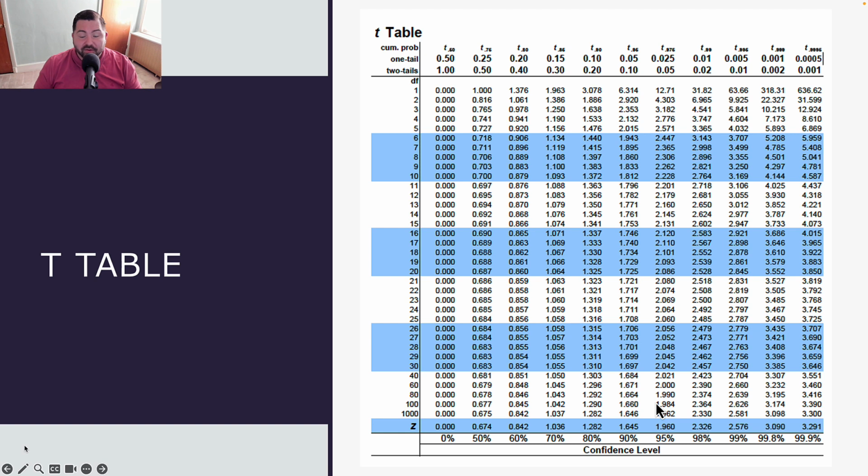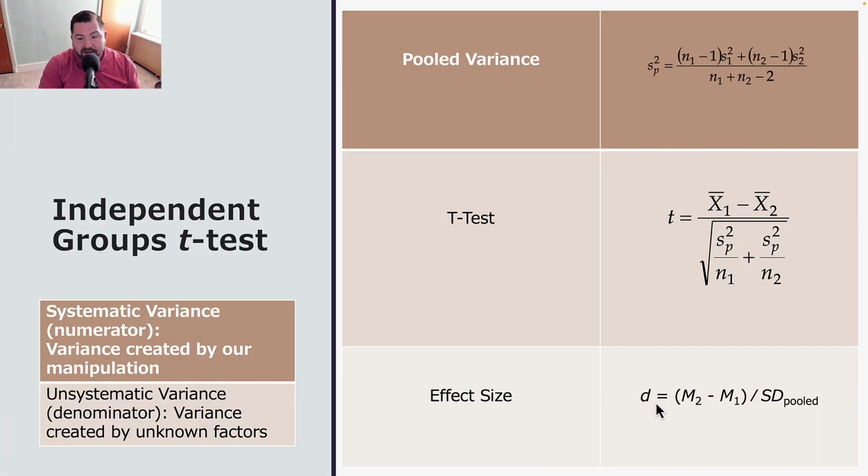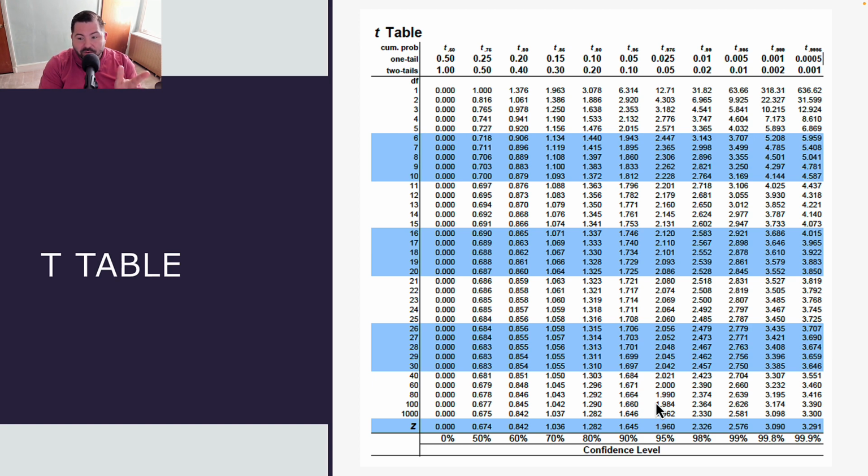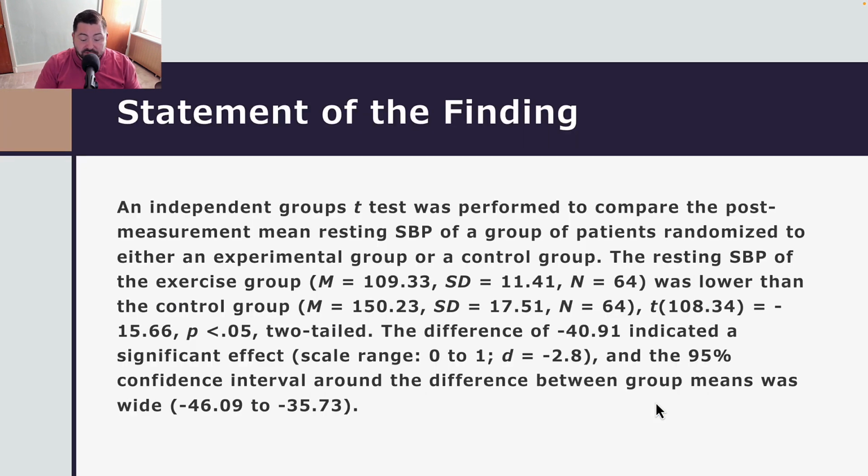So that is the value that we're comparing the calculated t to. And if it's larger, once again, it means there's a statistically significant difference between the experimental group and the control group. If it's smaller on an absolute basis than the critical value, it means it is not statistically different, and we should accept the null hypothesis because there's no difference between the means and the standard deviations of those two groups.